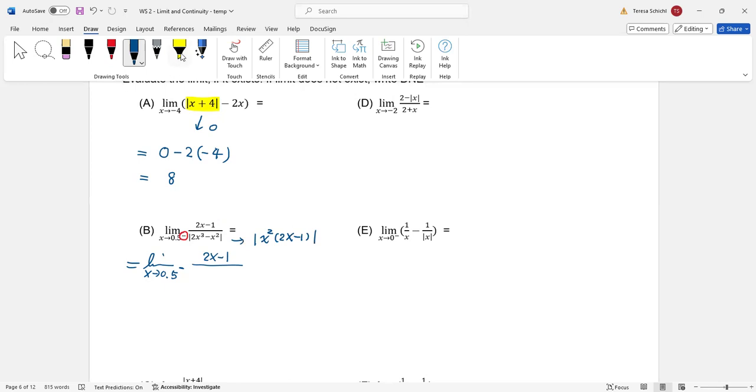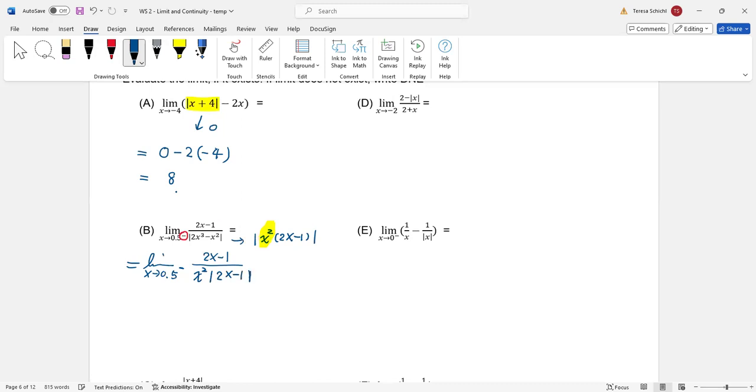Now I can take the x squared outside the absolute value. Why? Because x squared is always positive, it doesn't matter, so it can come out without any problem. Inside we still have 2x minus 1.